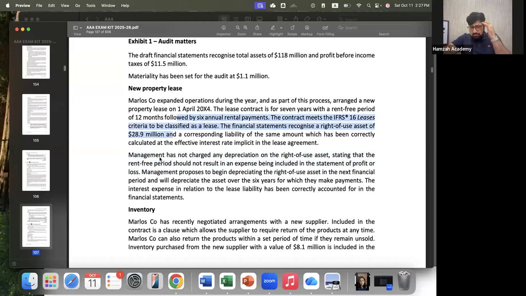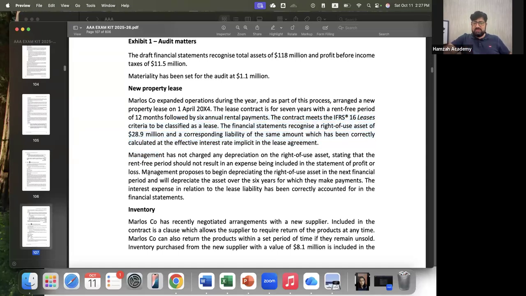We must, at the back of our mind, be analyzing it with IFRS, whatever knowledge we have of it. And if we are not doing that analysis and we are unable to do that, there will be a problem. If we cannot analyze it, we cannot solve it, I'm telling you.